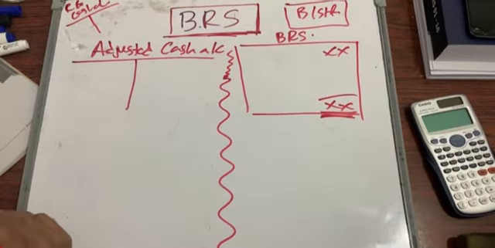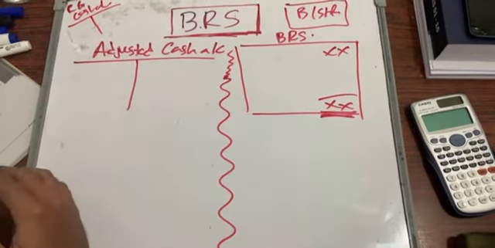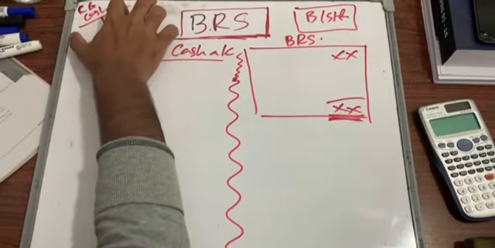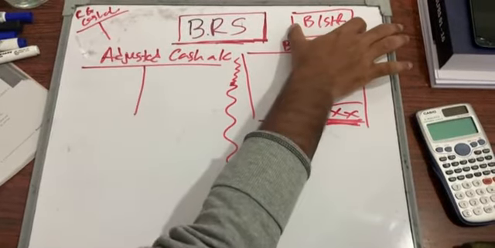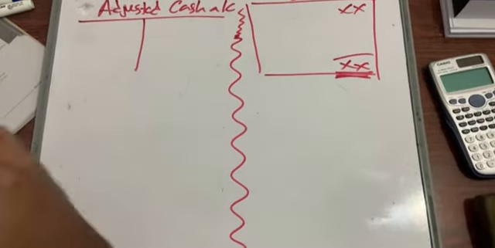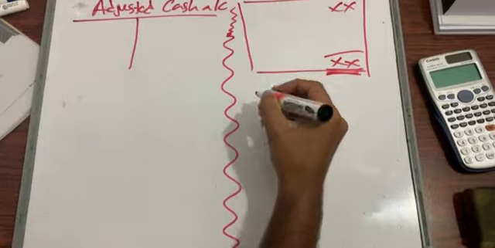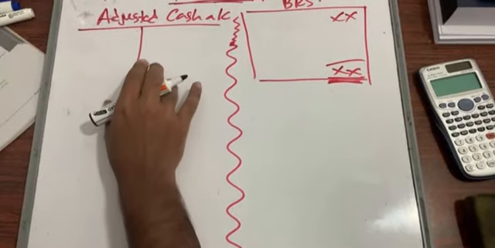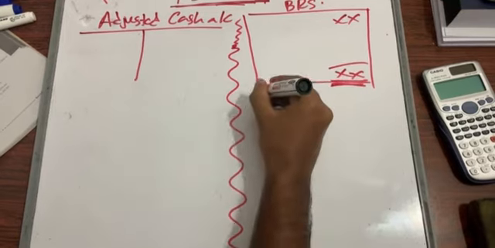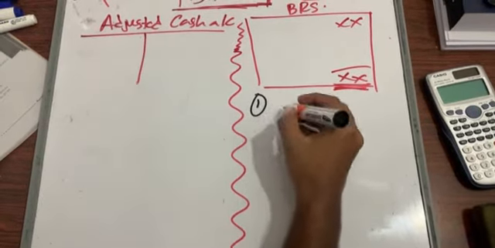I told you all 6 reasons for the variations. Under that, number one is what? Unpresented checks. Unpresented checks should be taken to the bank reconciliation statement for adjustment.